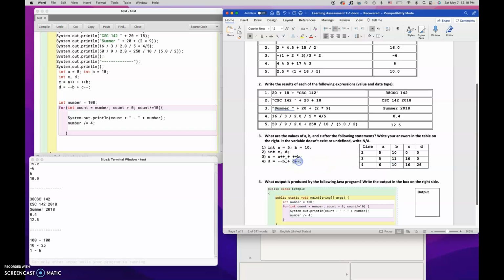C is equal 16, and it will stay 16 because nothing will happen in this line.